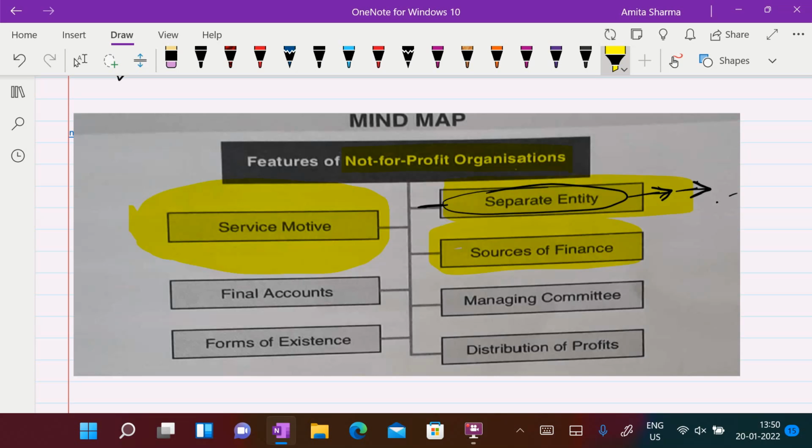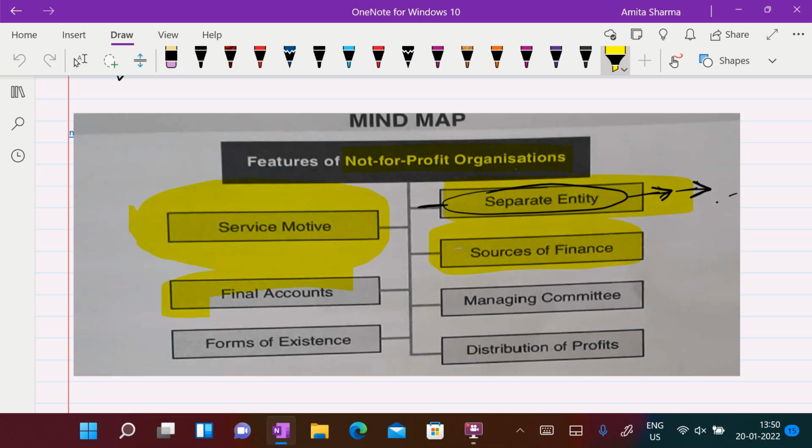Big or small donation, donation can be specific, donation can be general, government grants, private grants, income from investment, legacies, etc. are the main source of finance for not for profit organization.